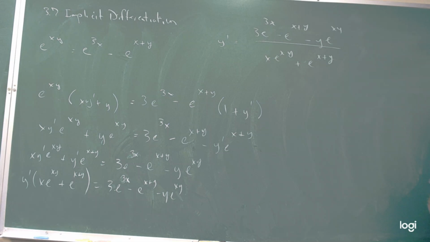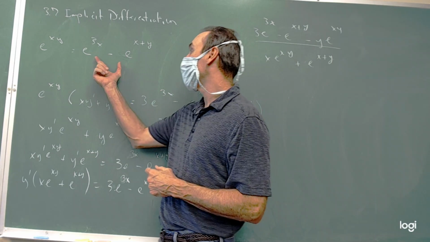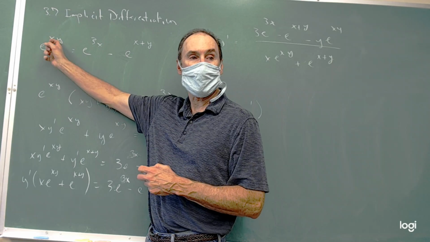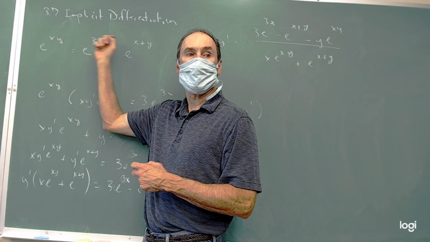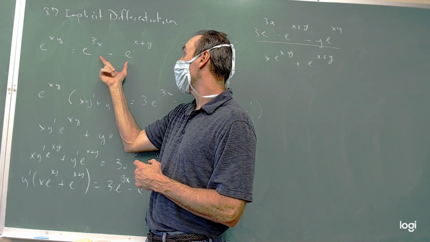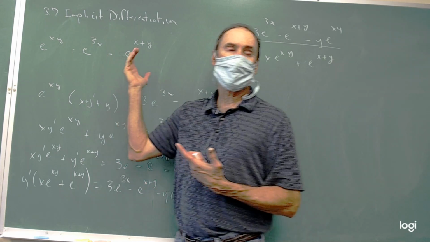So for this one, could we have taken the natural log, not to solve it, but just to get rid of the e to? No, well, the problem is you can't distribute a natural logarithm. So it's not like you could take the natural log of this, natural log of this, natural log of this. You take natural log of both sides of the equal sign, but then what you've got here with this subtraction, there's no good rule for.